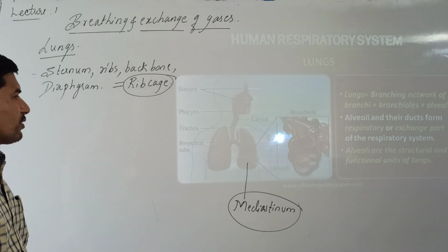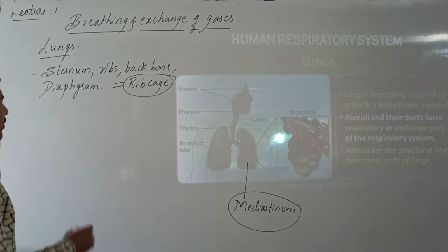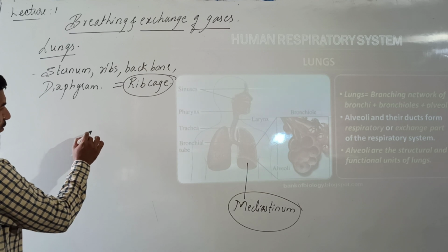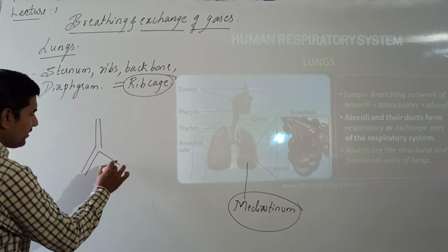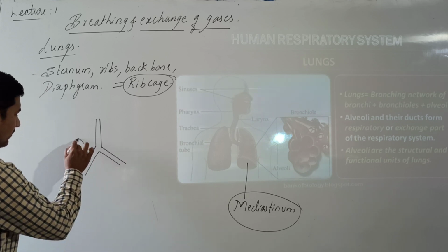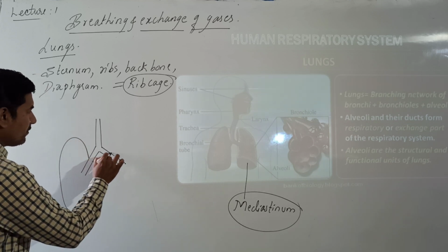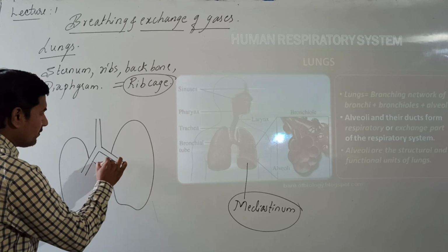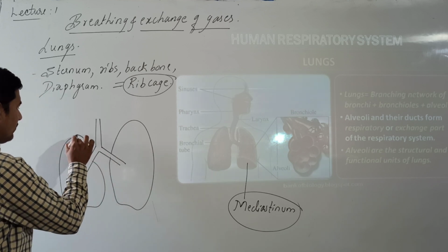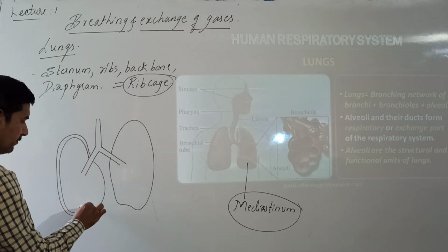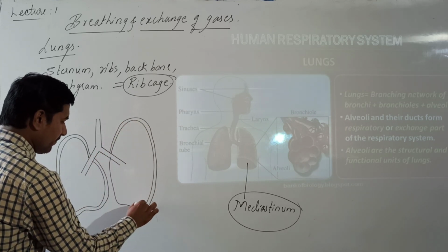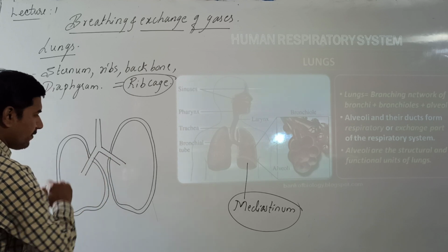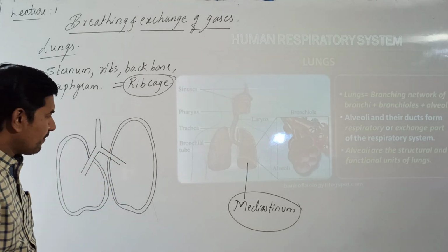okay, if you look at the structure of the lungs, now what do the lungs have? Suppose we take the lungs here, okay, I am giving you a rough idea. A pair of lungs are there.